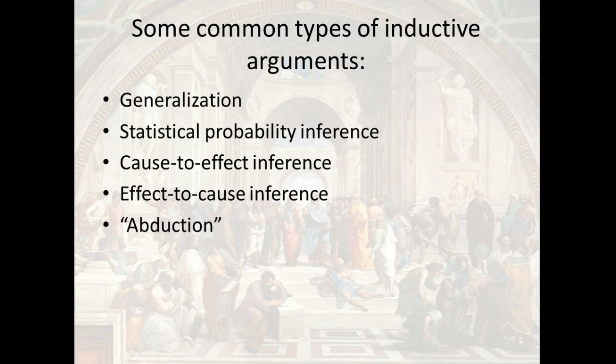For example, you arrive home to find your door open with marks of forced entry, the house is in disarray, the family heirloom 19th century painting that hung in the living room is gone, as well as other valuables, and you conclude that your house has been burglarized. And that's the best explanation of the state of affairs. So that's called abduction.